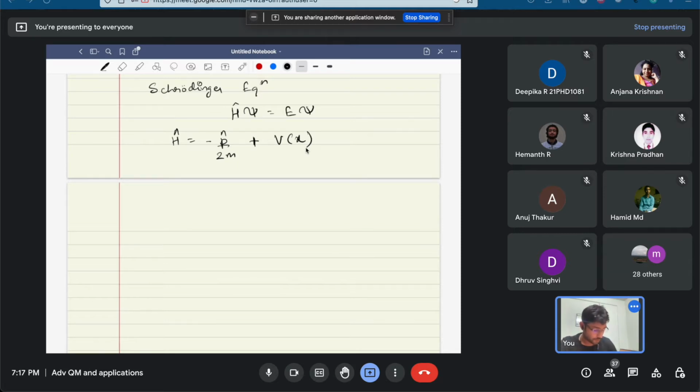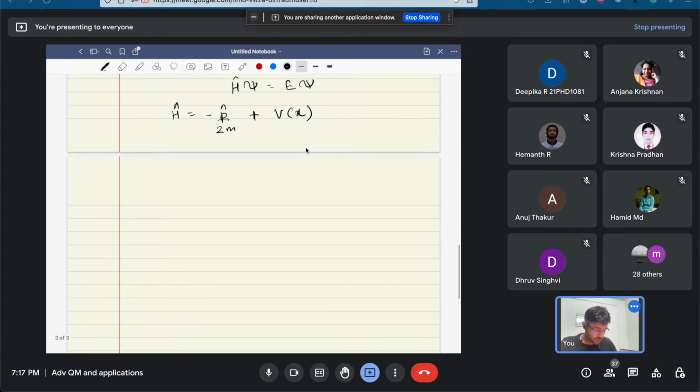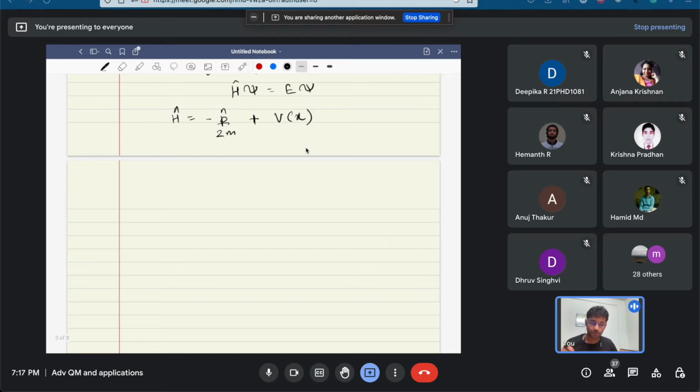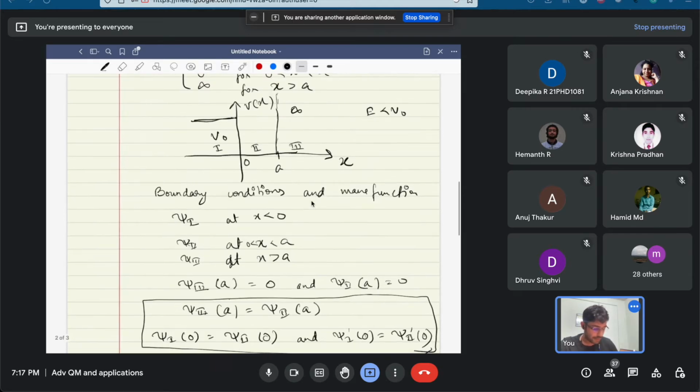So this part gives us the kinetic energy, and there is a potential that I defined at the beginning, right? As I said, there are three regions, so we are going to solve for each region, except for the last part where psi is 0 anyway. For the first region, that is x less than 0, there is a potential V naught.